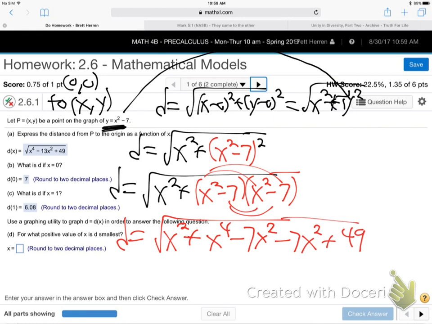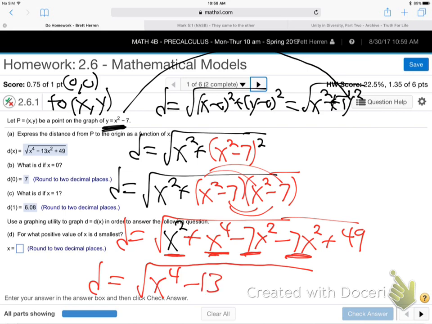Good so far. I just FOILed that whole thing out there. Let me make this first one the same as it was. Everybody seeing that? And so now clean that up. Gather like terms. I'll do highest power first. x to the 4th. x squared minus 7 minus 7 is minus 13 x squared plus 49.